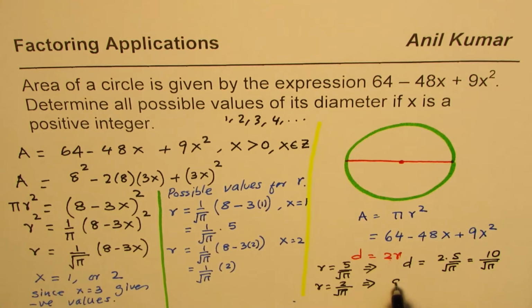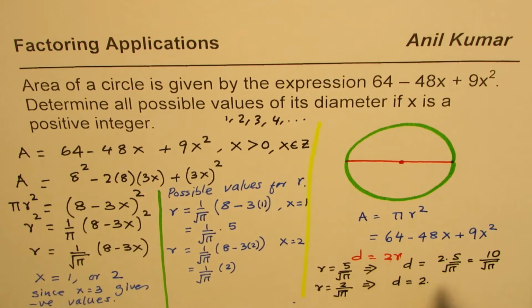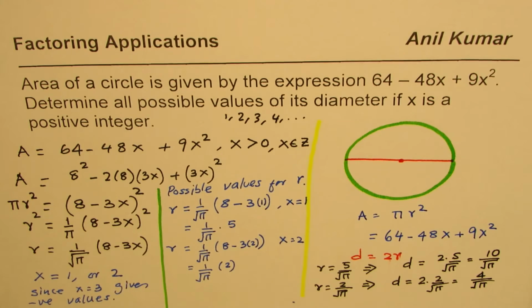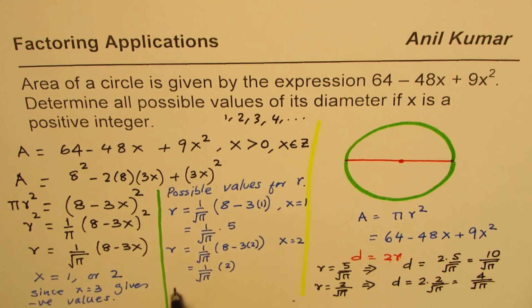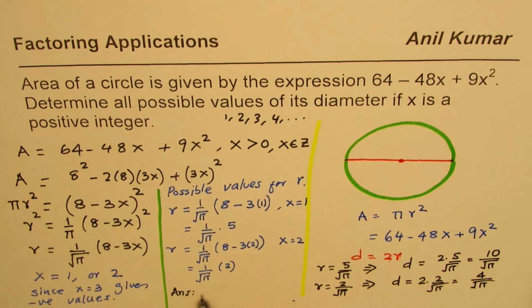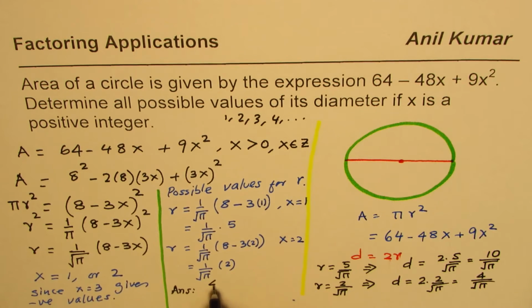That means diameter could be 2 times 2 over square root pi, which gives us 4 over square root of pi. So these are two possible values of diameter. We can now write down the answer as diameter is equal to either 4 over square root pi or 10 over square root pi.